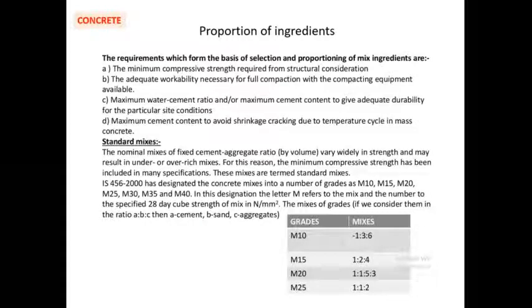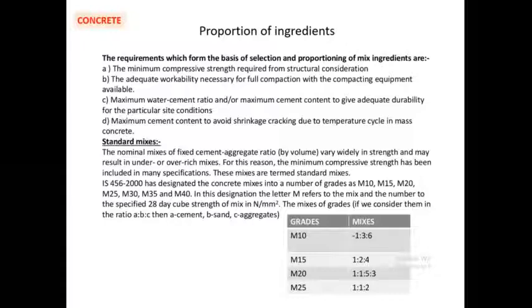Second is adequate workability, which is necessary for compaction, and working should be easy with the compacting equipment. ठीक है, तो वर्केबिलिटी कंक्रीट की रहनी चाहिए, ये सेकंड एस्पेक्ट रहता है. थर्ड इज वाटर टू सीमेंट रेशियो, ये मैक्सिमम सीमेंट कंटेंट ड्यूरेबिलिटी के लिए अच्छा होता है. ठीक है, सो व्हाट इज वाटर टू सीमेंट रेशियो, अगेन इट शुड बी डिजायरेबल and it governs the selection of concrete grades.